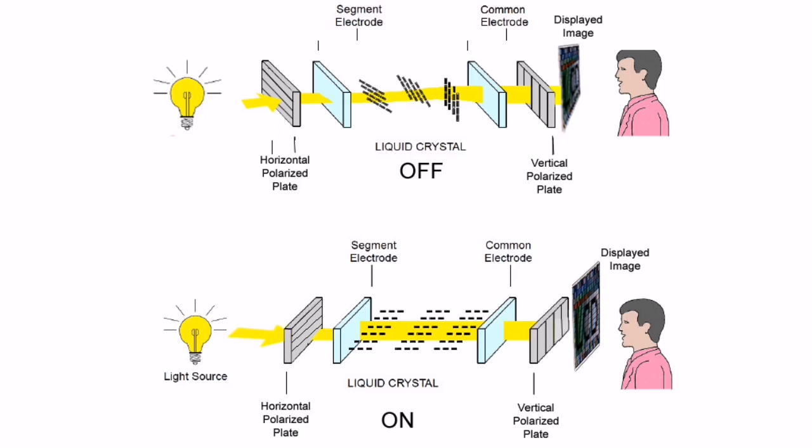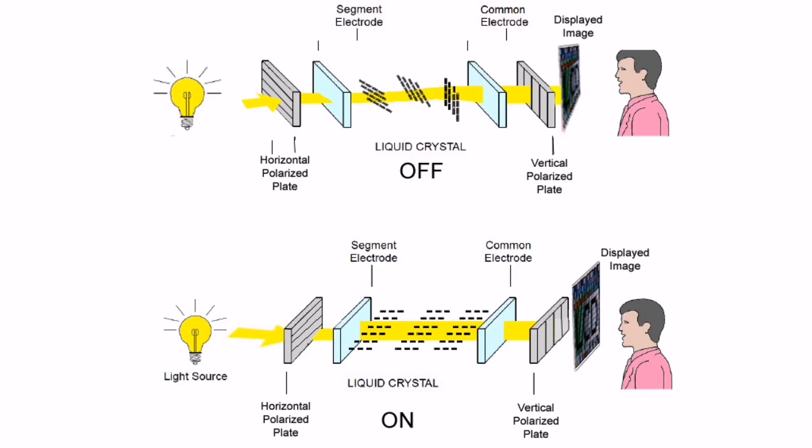So the light remains in the horizontal direction only, and then it cannot pass the vertical polarized plate. When it cannot pass the vertical glass plate, in that circumstance it will not form any colors, and at that point it produces black color only.